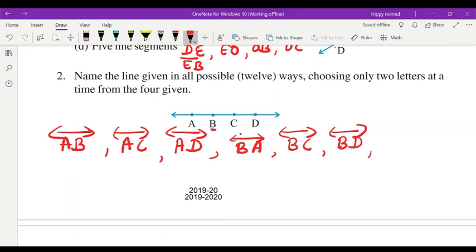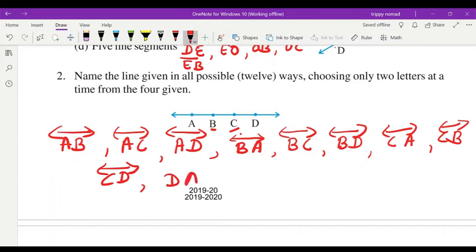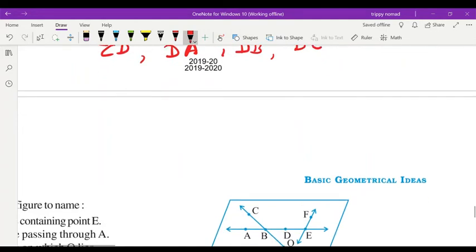Then you start from point C: CA, CB, then CD. I hope you understood. Same way DA, DB, then DC. These are the different ways to write the lines.